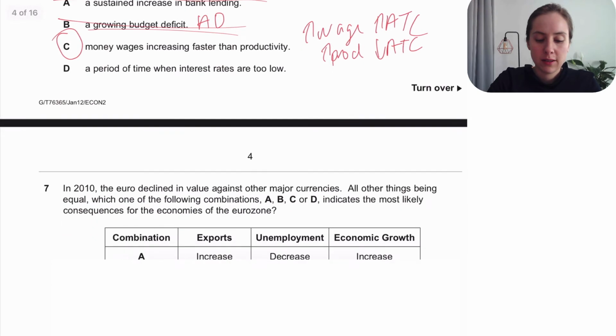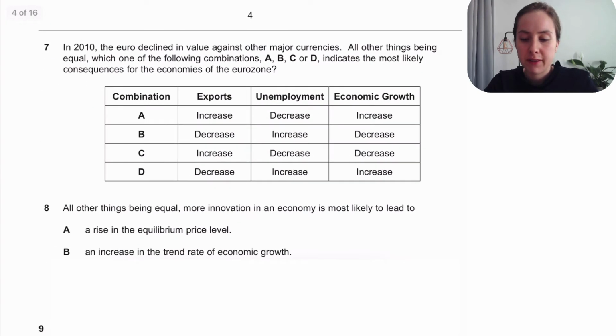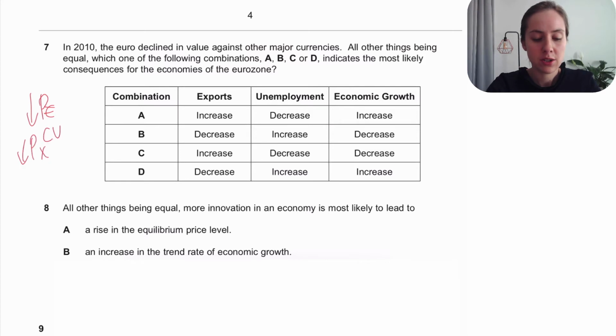The euro declines in value against other major currencies. Which of the following combinations indicates the most likely consequences for the economies of the eurozone? So the euro fell in value, so that's going to make its exports cheaper and imports coming into the EU more expensive.